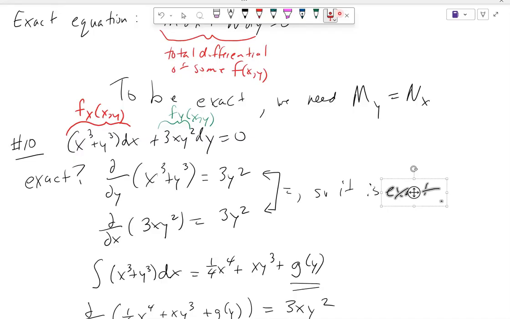You'll get the same answer. Literally doesn't matter. The only reason that you might want to do one over the other is if it's easier to integrate one versus the other. You might want to do it the other way. But in general, if you do it this way every single time, it'll work every single time. Again, as long as the equation is exact to start with.